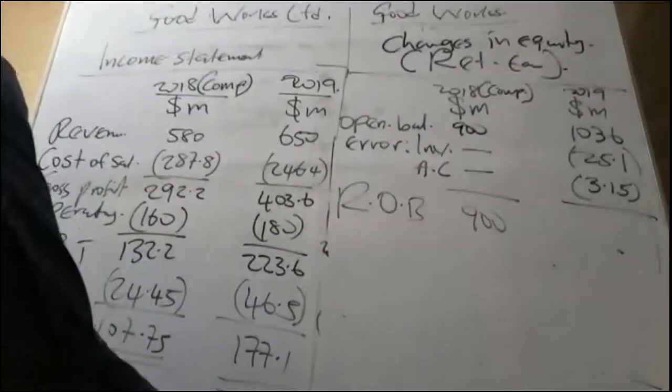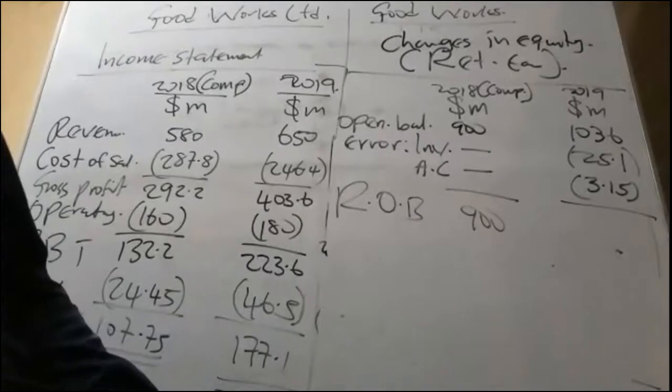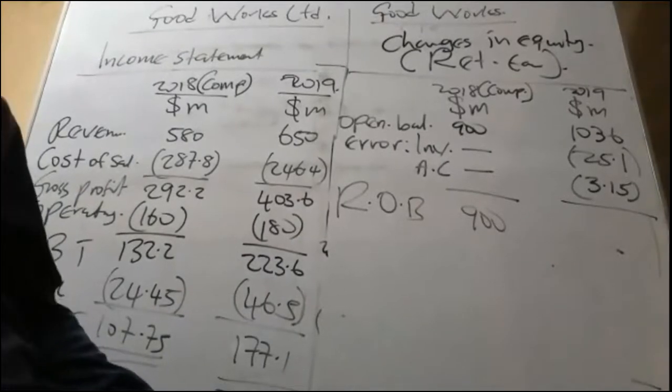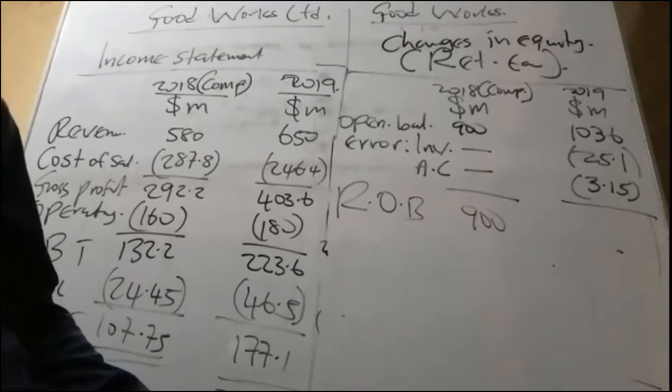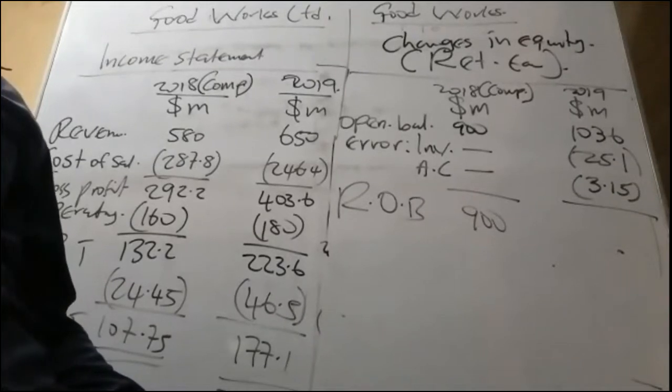It is the current year's opening balance that will be affected. So 1036 less 25.1 less 3.15 is 1007.75.